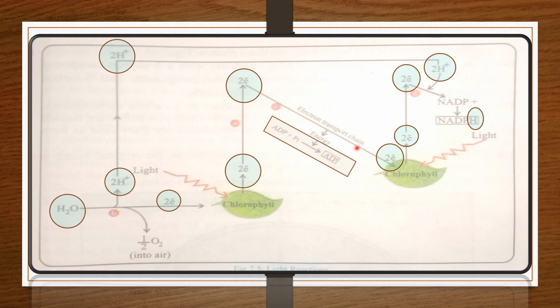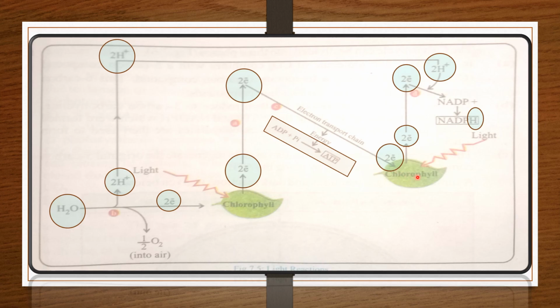Through this electron transport chain, energy is released. You can see the energy here, and this energy is used by ADP and organic phosphate to form ATP. When the electron is carried on by the compounds, energy is also released, and it is used by ADP and organic phosphate to make ATP.